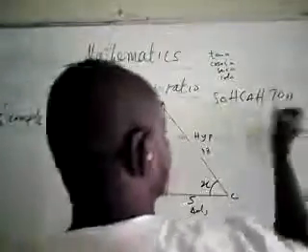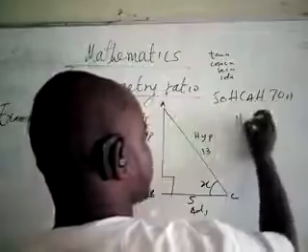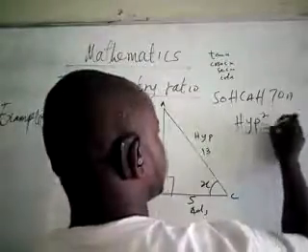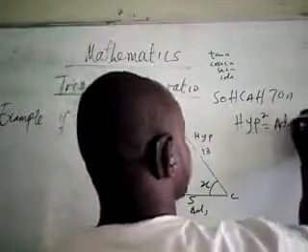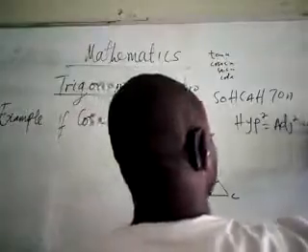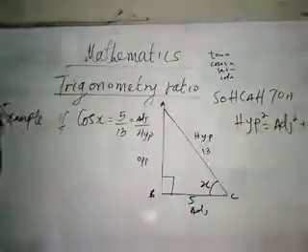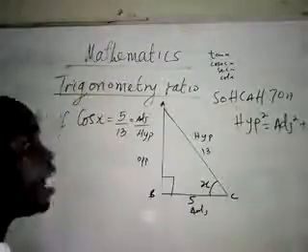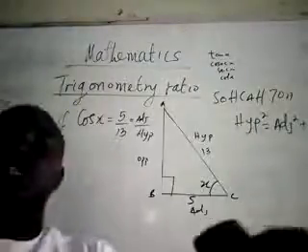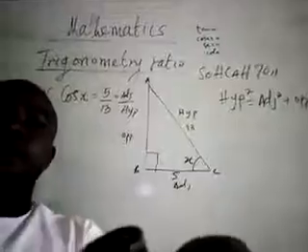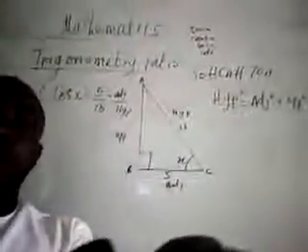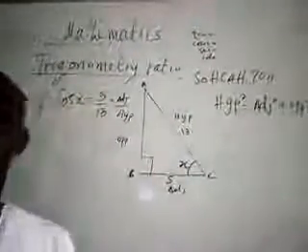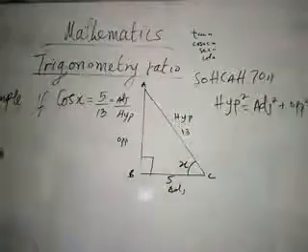My hypotenuse squared is equal to my adjacent squared plus my opposite squared. That is my Pythagoras theorem there.